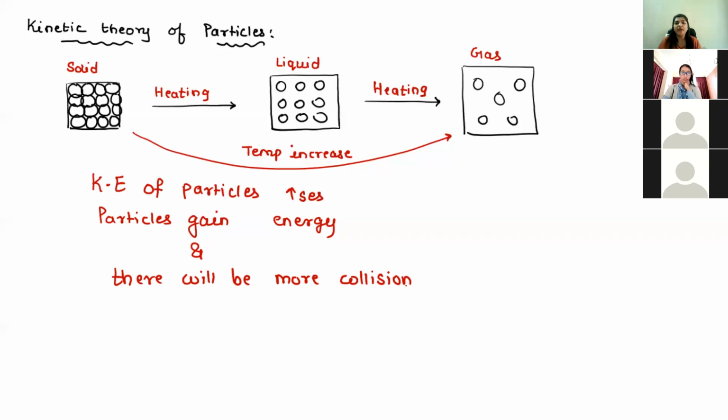So please take a screenshot of this, what is about the kinetic theory of particles. As you increase the temperature, the particles will gain energy. They will randomly move, but it will be very slow in solid as compared to liquid as compared to gas. Please take this screenshot.